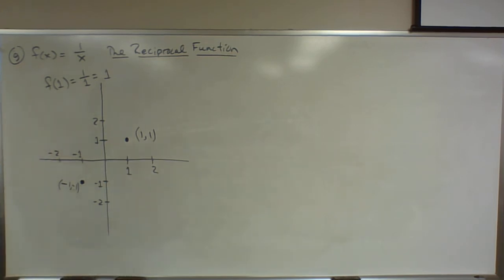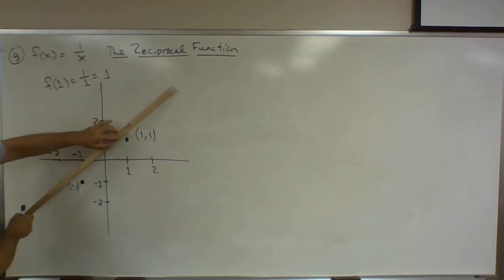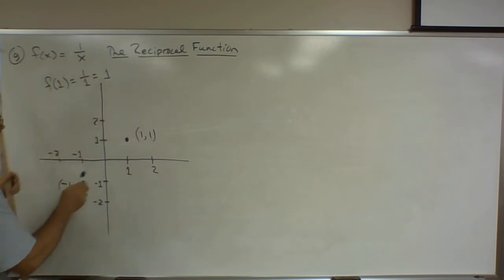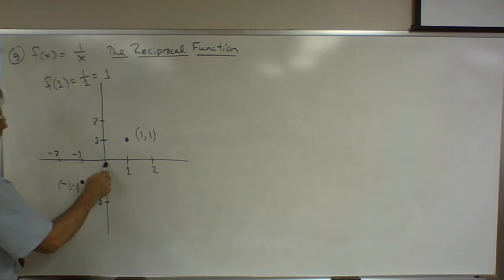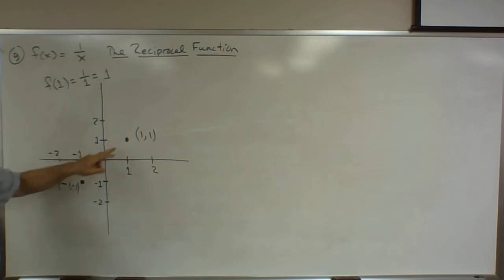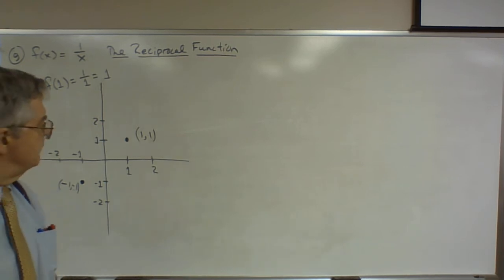And initially we may be tempted to connect these two things, but we remember that at x equals 0, this function's not defined. So there's no point on the graph right here at the origin. So the graph of this function is not a line that goes through these 2 points. We're going to have to investigate further.